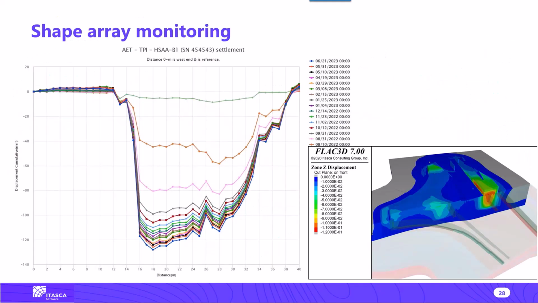This is the shape array monitoring that is showing in the central section what was recorded over time, and this was probably a year or so after construction, and what was determined during the analysis. You see that there is a very good correspondence between the 120 millimeters measured on the left and the one calculated on the right figure.